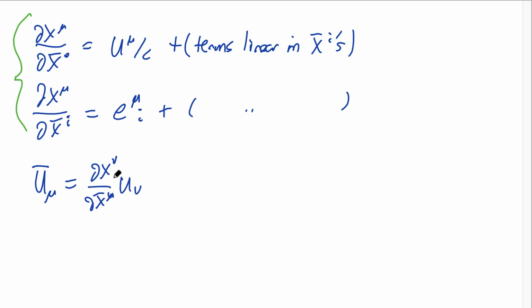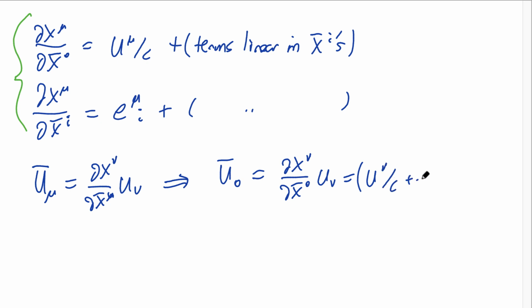So this is just the coordinate transformation between the generic coordinates, unbarred coordinates, and the barred coordinates for a covector. So this tells us if we take mu equal to 0, this is partial x^nu with respect to x bar 0 u_nu, but that from here is just u^nu over c plus higher order terms times u sub nu. And of course the forward velocity contracted with itself is minus c squared, so that's minus c squared over c, which is minus c.